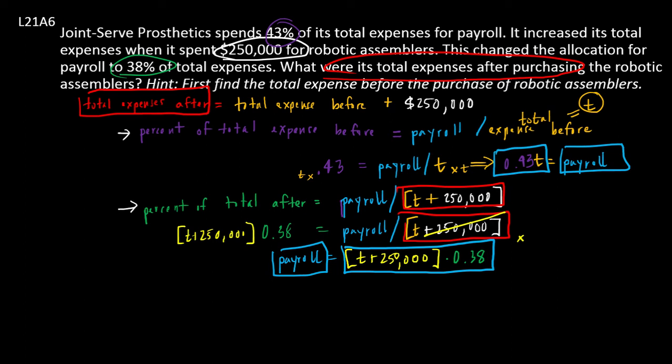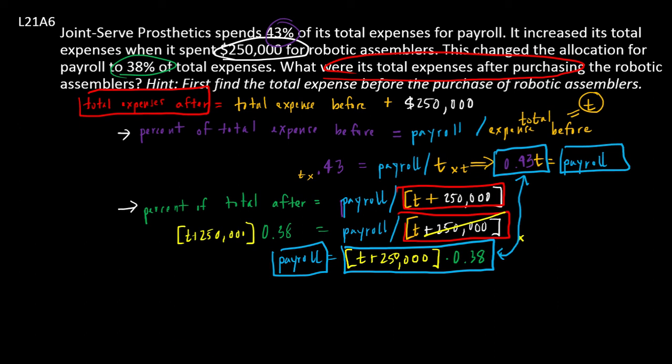Now, look what we've done here. We've created two expressions, 0.43t and 250,000 plus t times 0.38, that are equivalent. So everything in the blue box is equivalent. Whether I write payroll, whether I write 0.43t, or whether I write T plus 250,000 times 0.38, they're all equivalent.